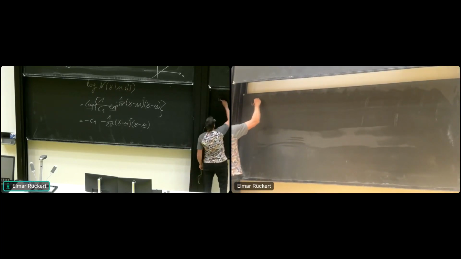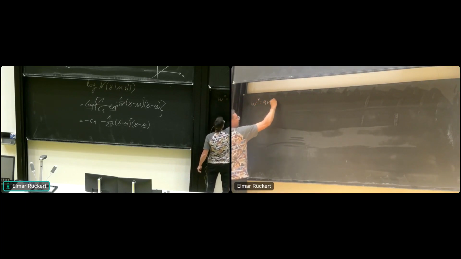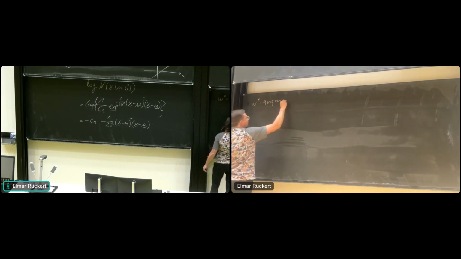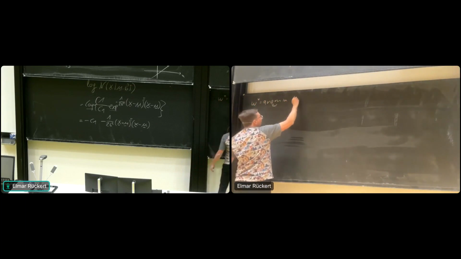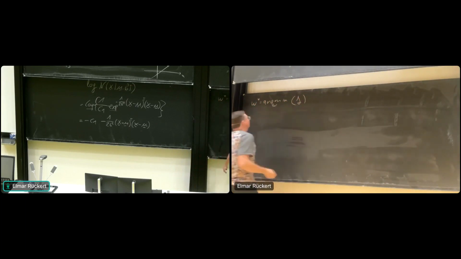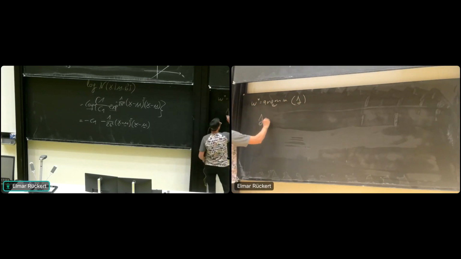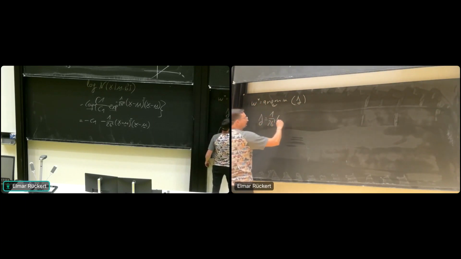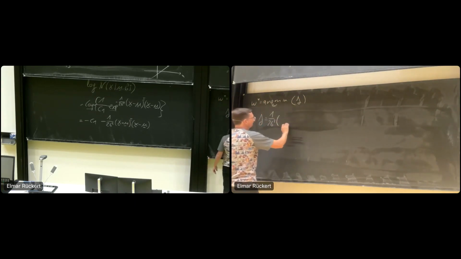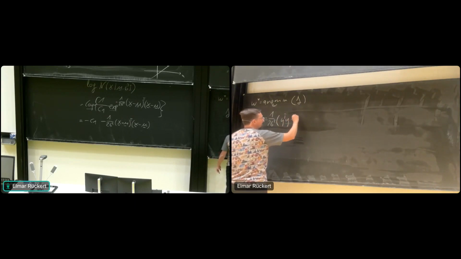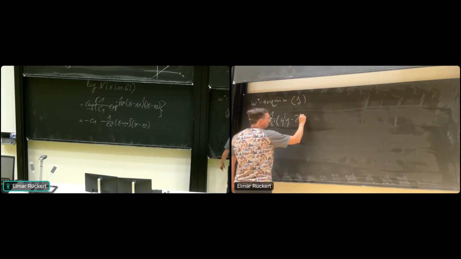So W star is given by the argmin over W of some objective J. Now I define this J again from the top. So we had 1 divided by 2 sigma squared, and so let's write out W transpose W minus 2 times what was it?